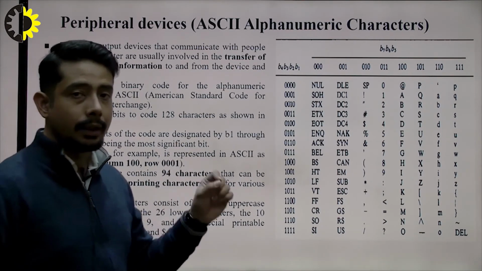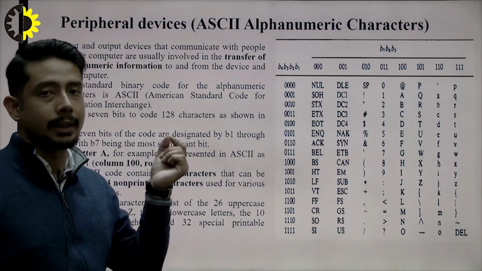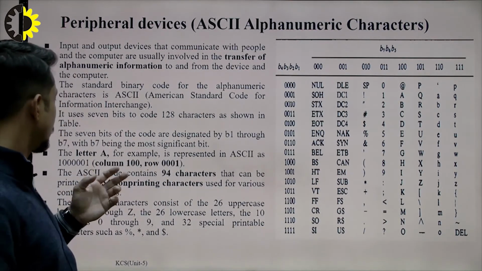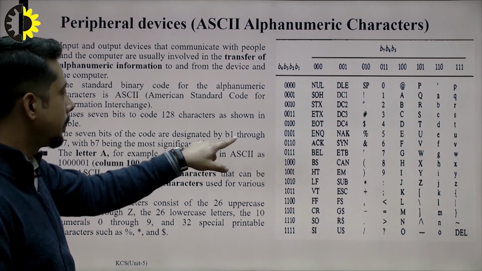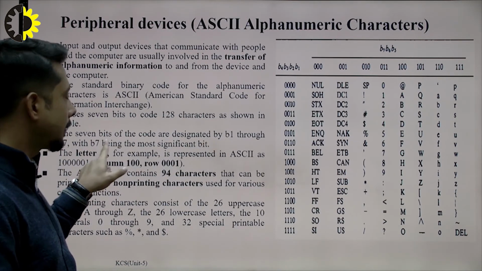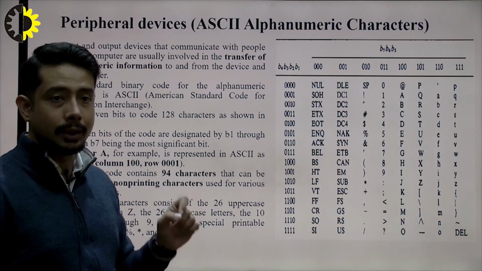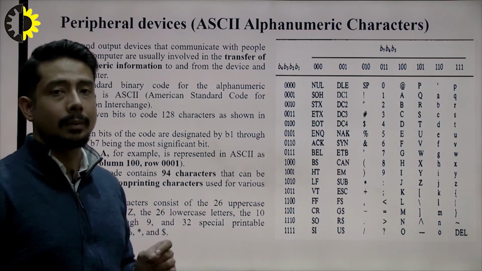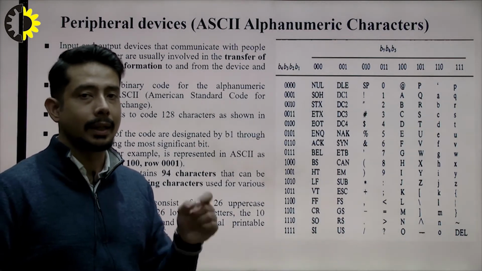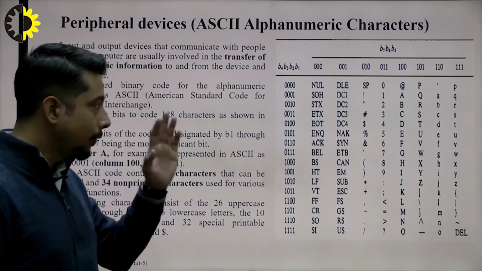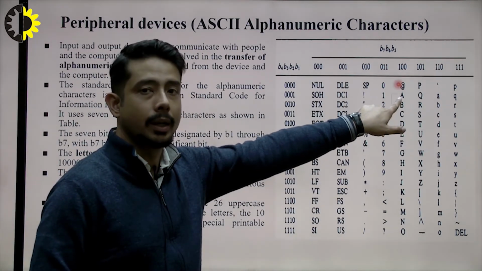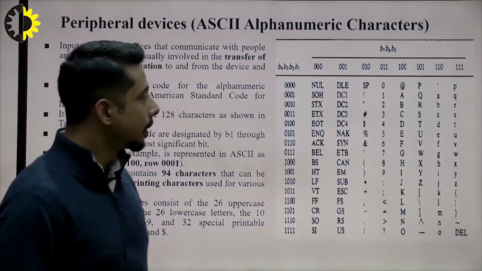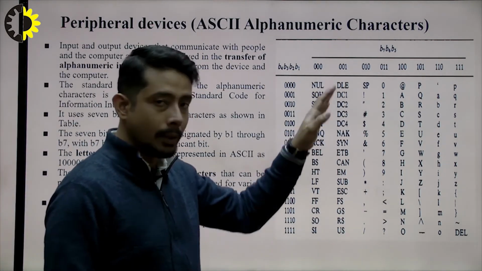7 bits starting from B1 to B7, okay. The 7 bits of the code are designated by B1 through B7, with B7 being the MSB, that is most significant bit, and B1 becoming the least significant bit, that is LSB. Now suppose I take an example of A. If I take an example of A, you look into the particular part by row and column.